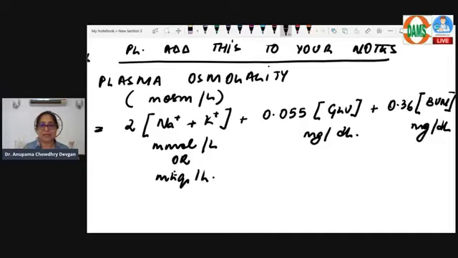See this once again. Plasma osmolality is 2 into sodium plus potassium plus 0.055 into glucose plus 0.36 into blood urea nitrogen.